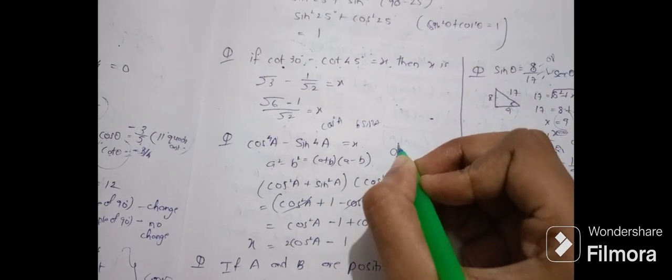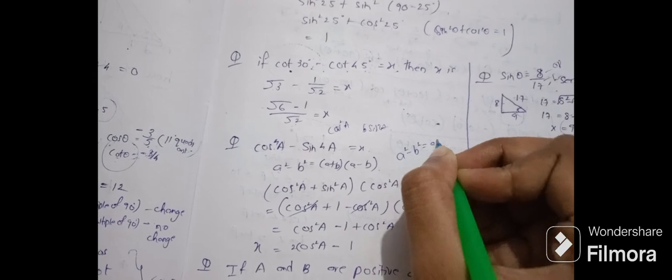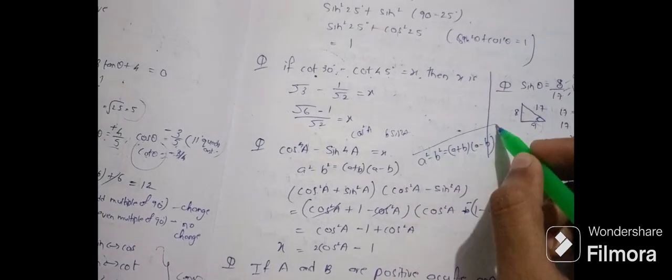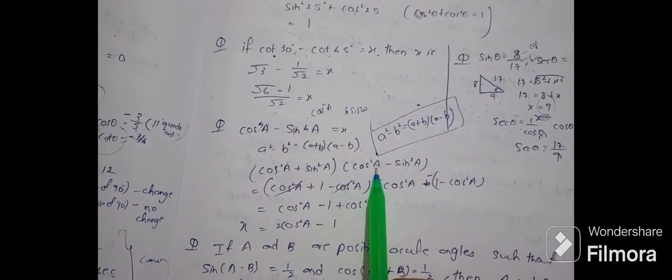So it is a basic formula, a plus b into a minus b. This is the formula here. As I told you, a is cos square a and b is sin square a here. A plus b means cos square a plus sin square a, into cos square a minus sin square a.